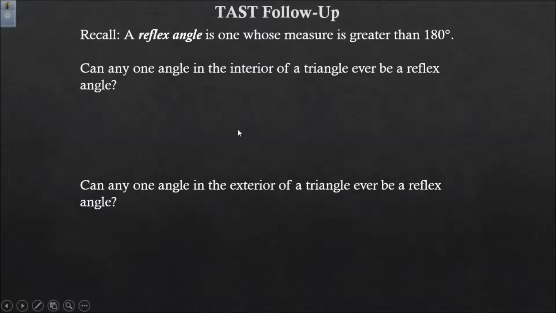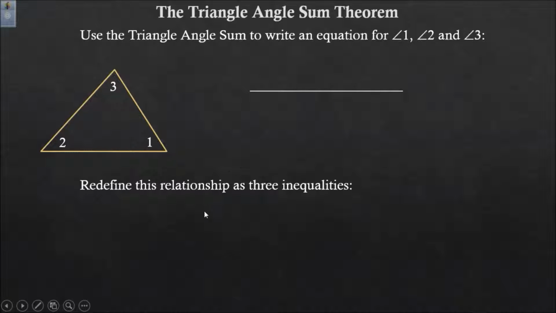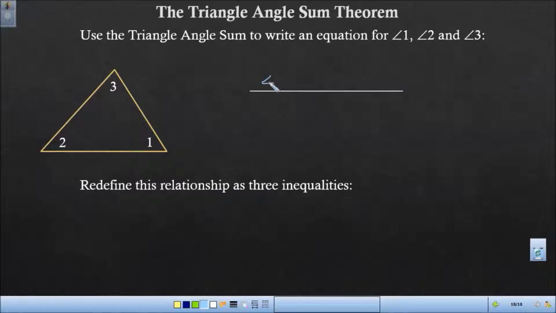Just ignore this, this is about reflex angles. Let's back it up just a step. This is a good slide, but it requires this one first. We know that in a triangle, angle 1 plus angle 2 plus angle 3 is equal to 180 degrees.